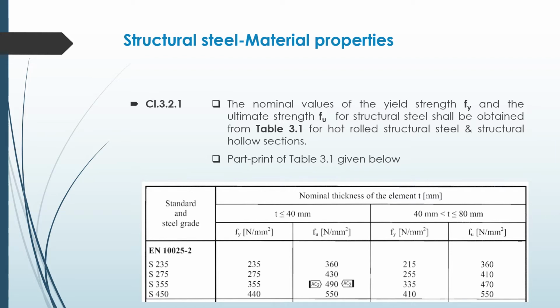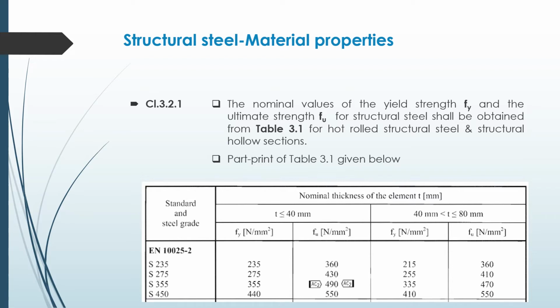Here I have reproduced a part print of Table 3.1 below. As you can see, the first column provides you the various steel grades starting from S235 to S450, and the other columns provide you the values of Fy and Fu depending on the nominal thickness of the various elements.